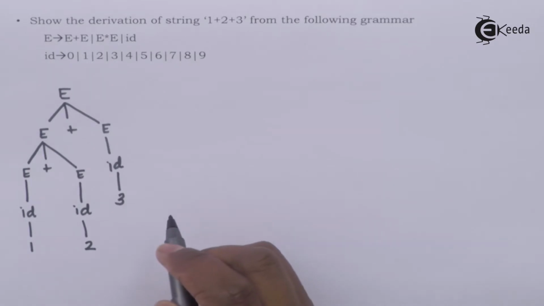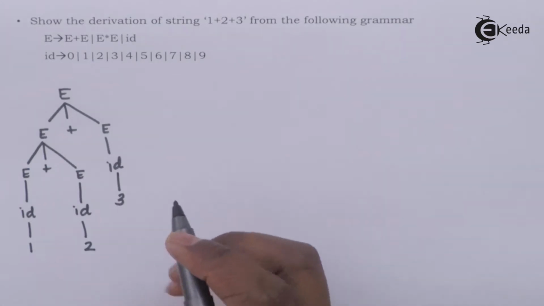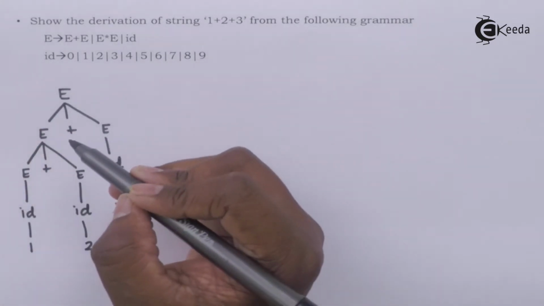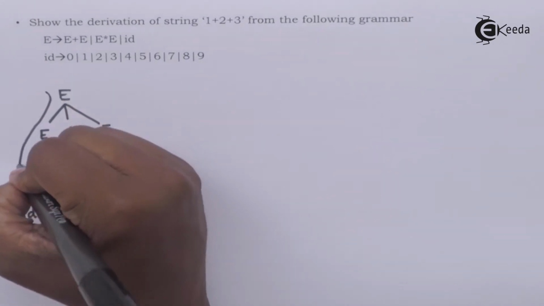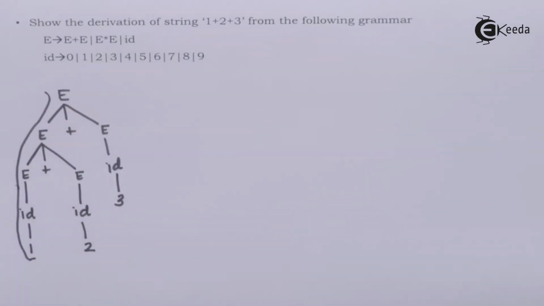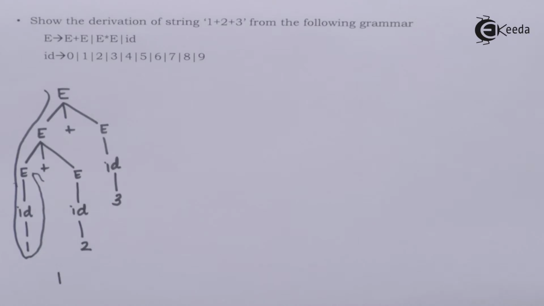If you try to write the yield of this parse tree, you will see that it is 1 plus 2 plus 3. Let us trace this particular tree. As I said, we will be tracing from left to right, top to bottom. The first symbol encountered is 1. Then we encounter a plus.